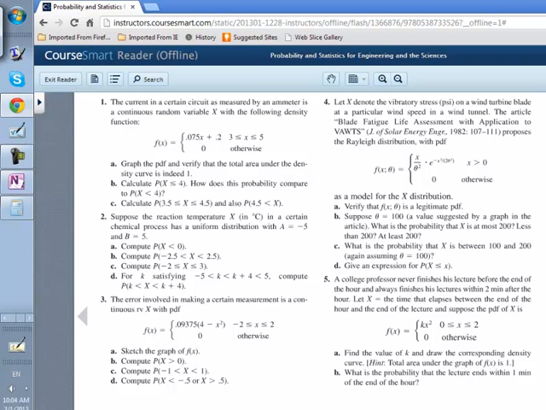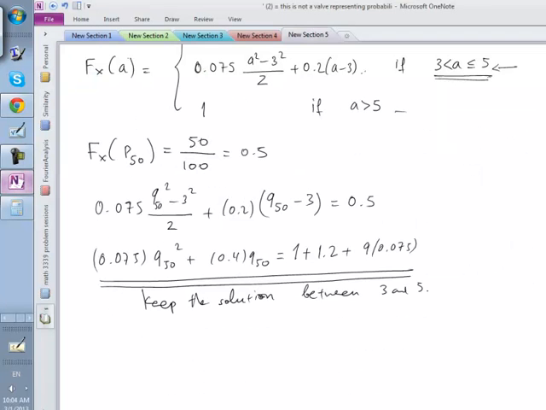For f of x to be a PDF, it has to satisfy the properties of the PDF, namely, that f of x is non-negative, which it does, and that the integral from negative infinity to infinity is equal to 1.